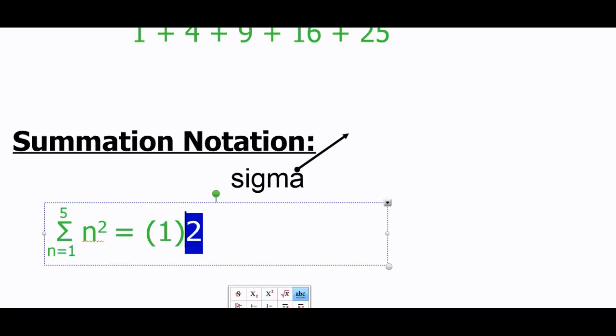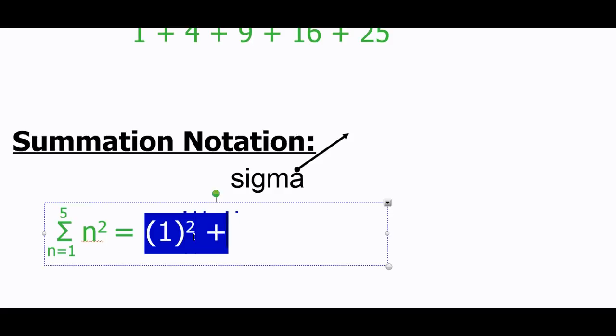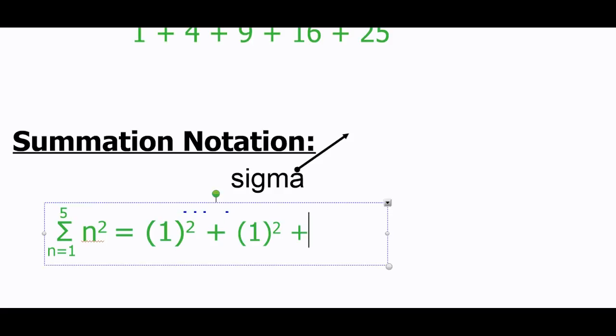Unfortunately there's no keyboard shortcut for this, so I'm going to have to live with me typing for a moment. Plus. Now this is a counter, so I'm going to count all the whole numbers between 1 and 5. The next one in the series would be 2 squared, because I count up, the next number after 1 is 2.